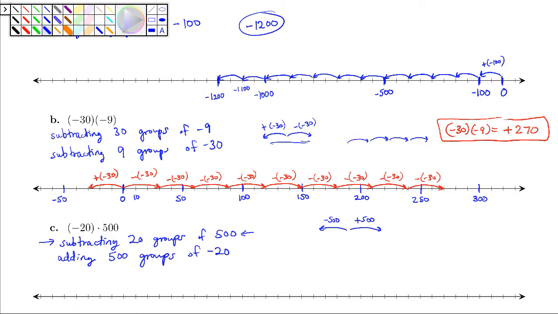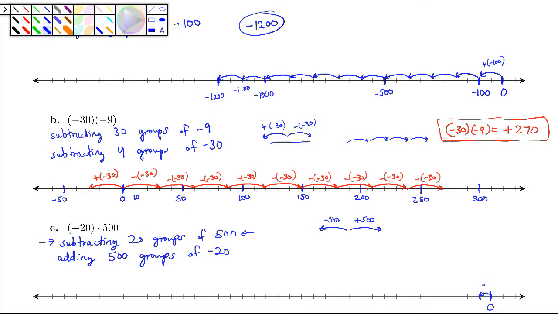Okay, so I'm going to put my 0 up here. And let's say each one of these jumps is 500.